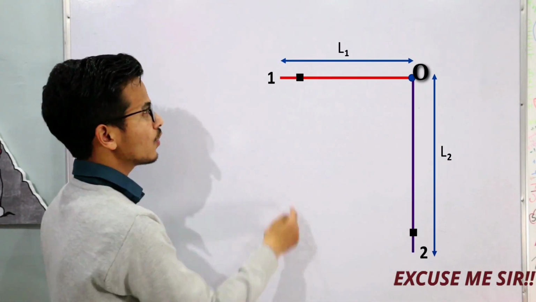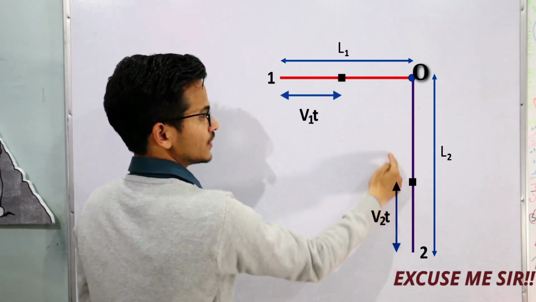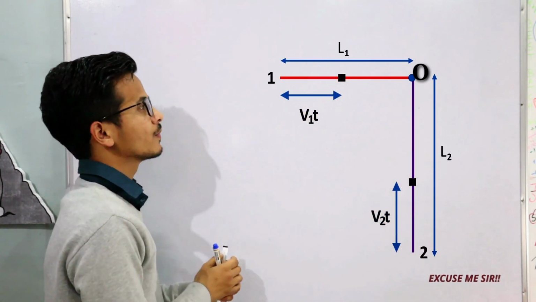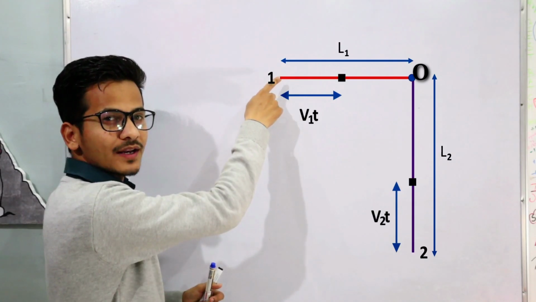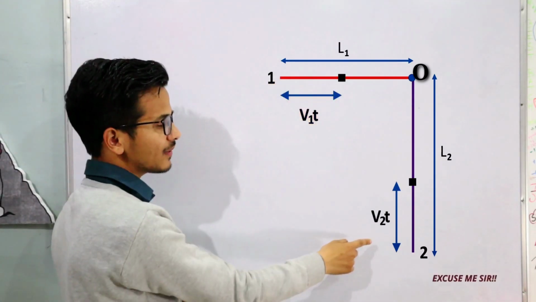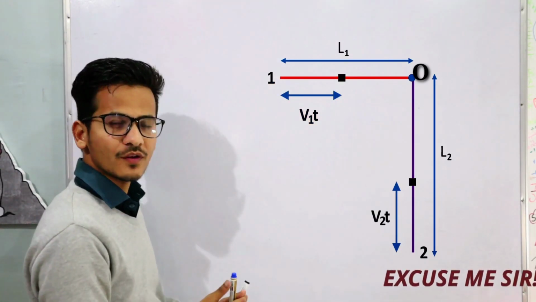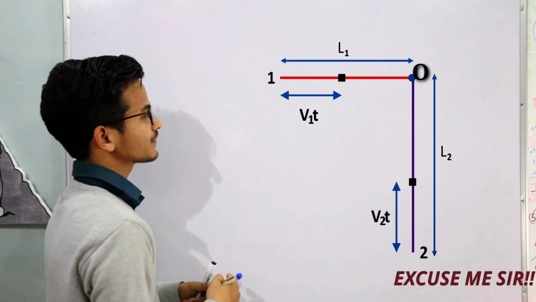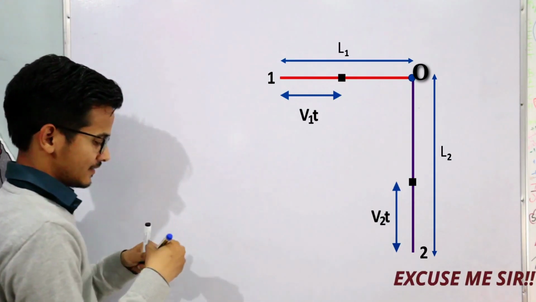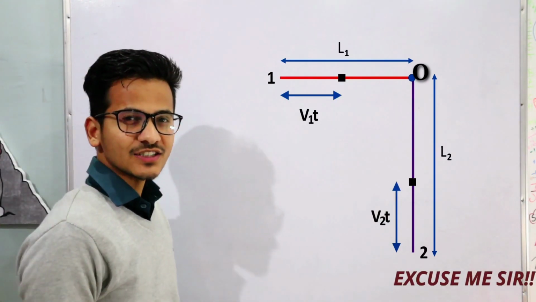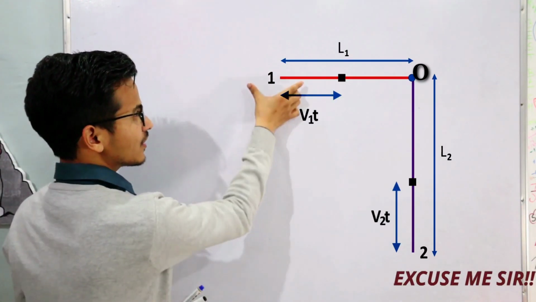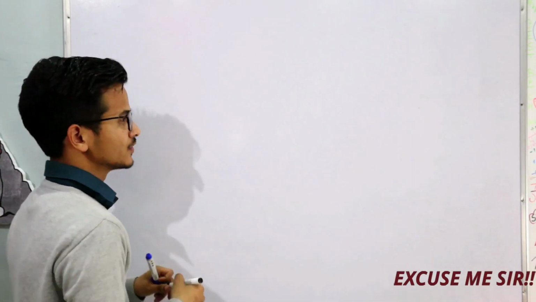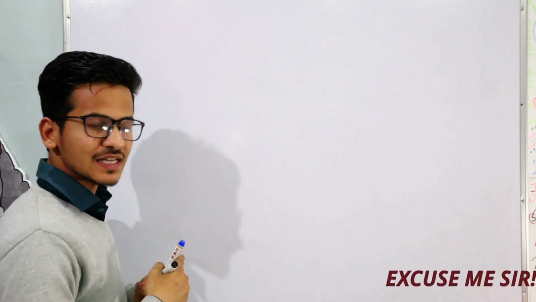They both are moving along the straight lines toward the intersection point O. Particle 1 is moving with velocity v1 and particle 2 with velocity v2. At a certain instant of time, they will cover the distances v1t and v2t. So the situation is like this.